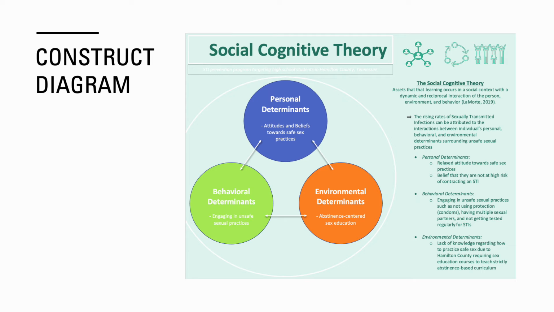The environmental determinants include the lack of education they receive from their high school sex ed courses due to Hamilton County requiring public institutions to teach strictly abstinence-based curriculum rather than medically accurate sexual education courses. Finally, the behavioral determinants include students engaging in unsafe sex practices such as not using condoms, having multiple sex partners at a time, and not getting tested for STIs regularly.